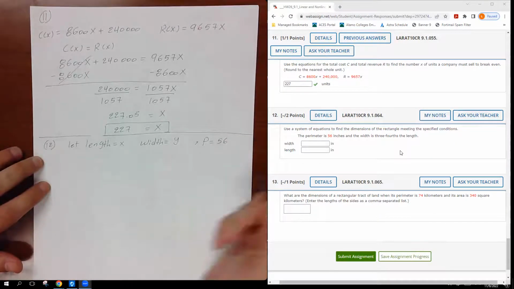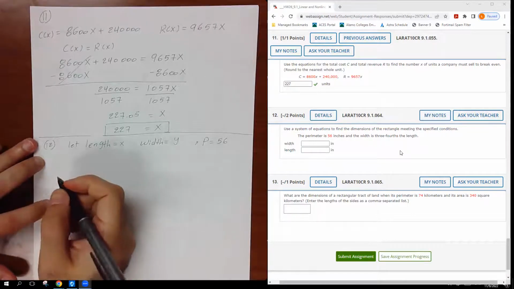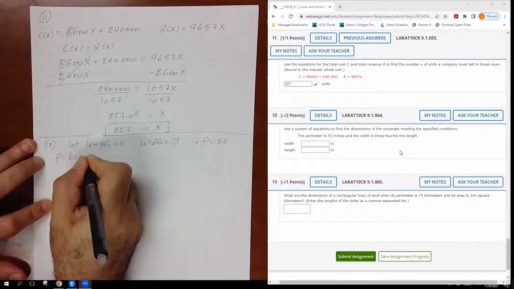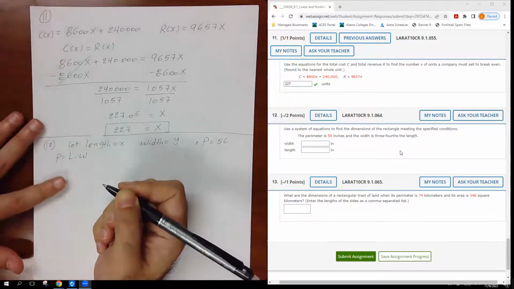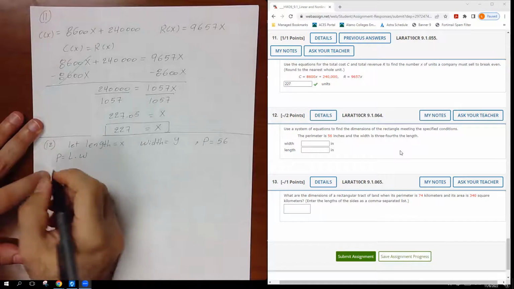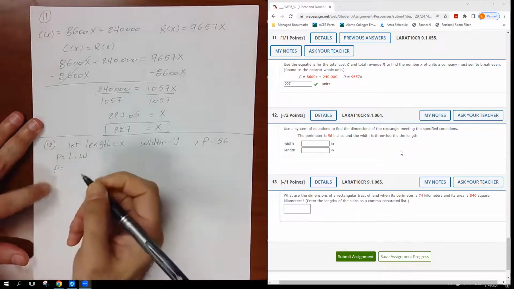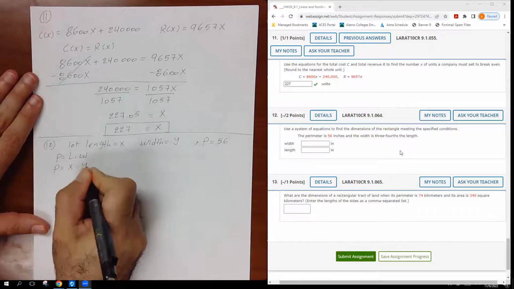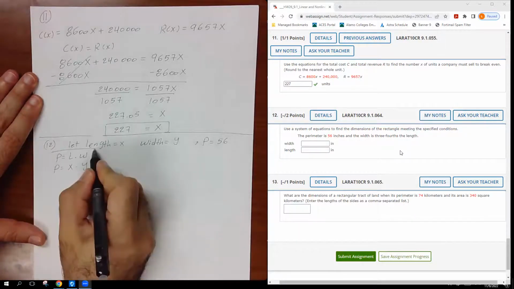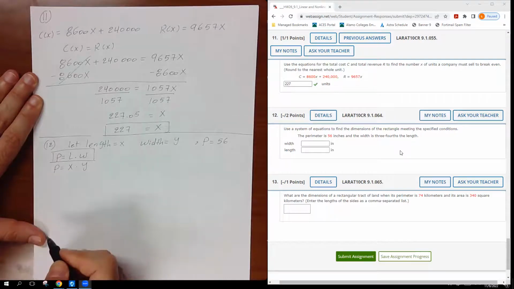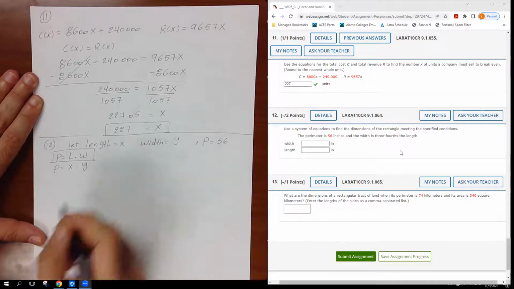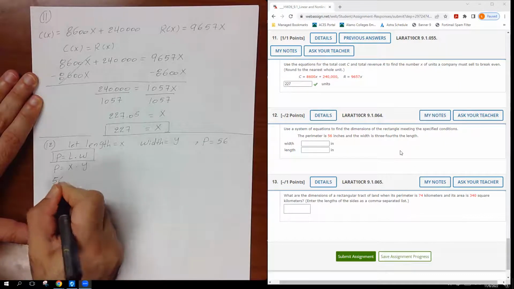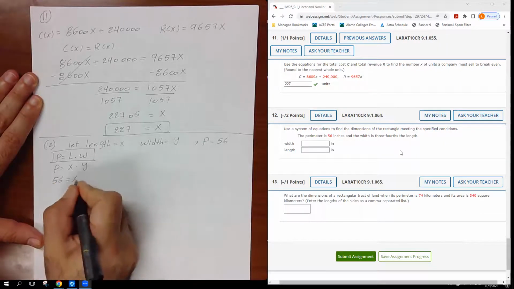Now, the perimeter of a rectangle is equal length times width. That means perimeter equal the length is x and the width is y. This is the rule. So here is the first equation. I'm going to plug in 56, so 56 is going to be equal x times y.